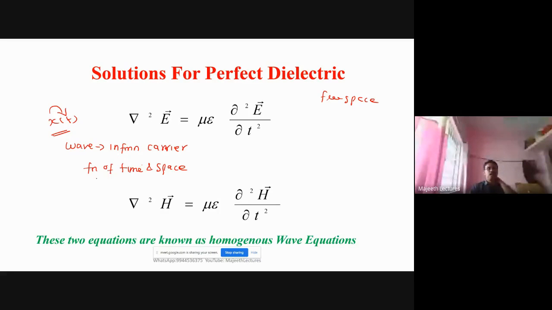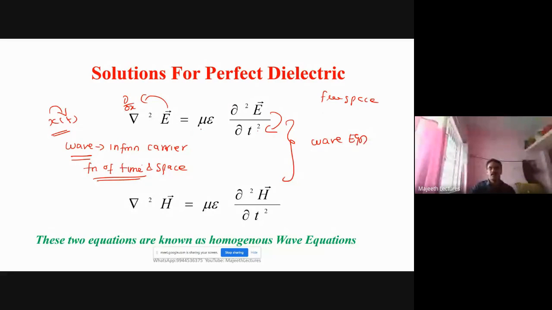So something which is a function of time and space is called a wave. Why are these equations called wave equations? Because you see, this equation has electric field as a function of time, and dou by dou x, a function of space. So this equation is a function of both time and space. That's why these two equations are called wave equations.